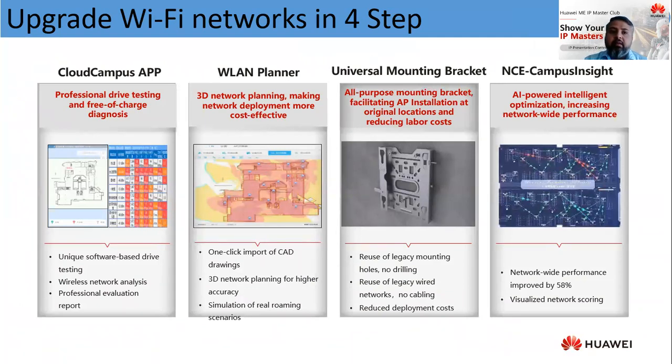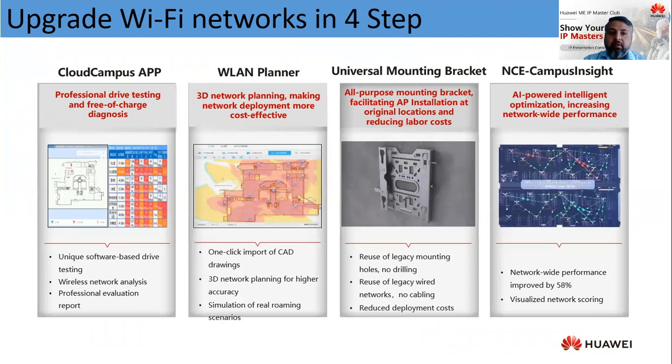The first one is the Cloud Campus app. Go to your Android store or iStore and download it and connect to the Wi-Fi. It can give you a lot of inputs. There are a lot of tests available like RSSI test, throughput test, link fault detection test.